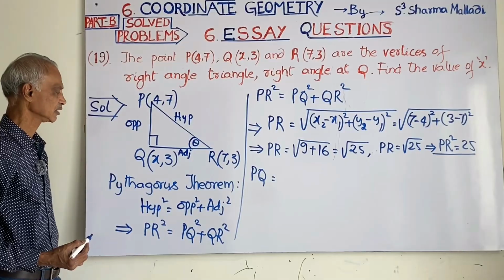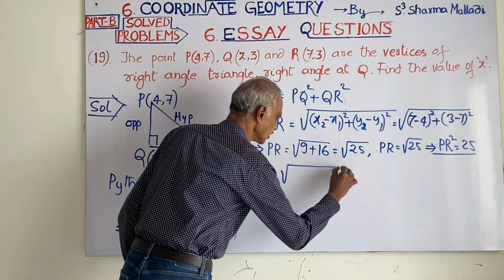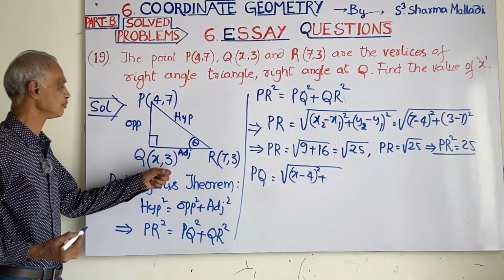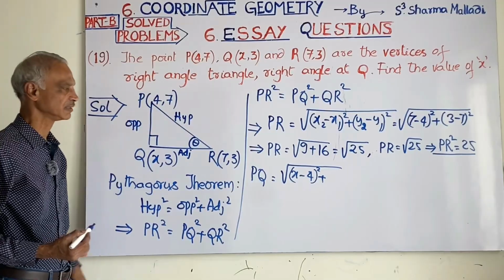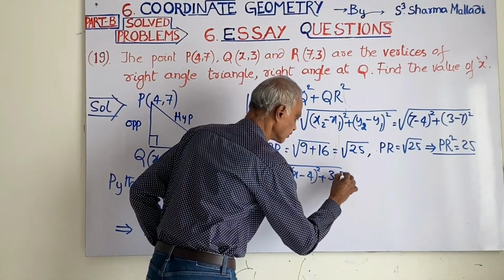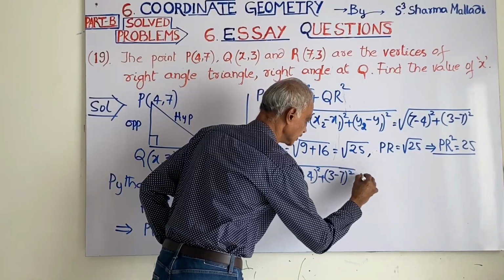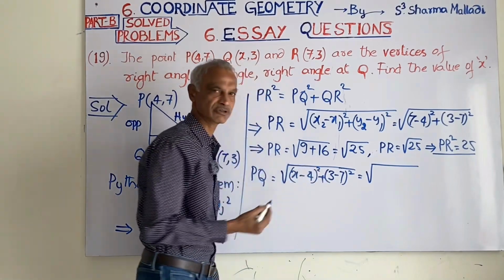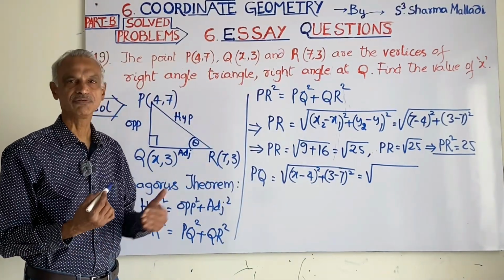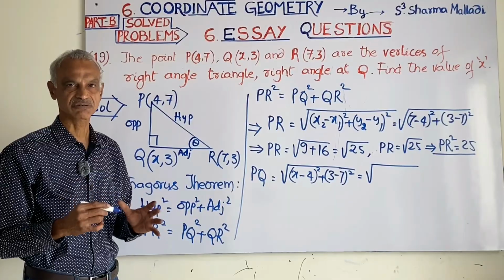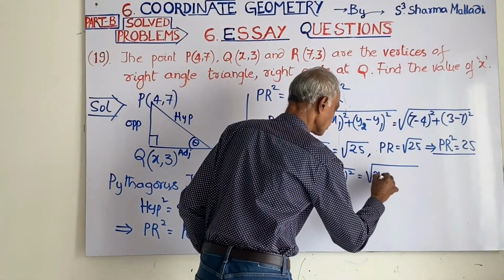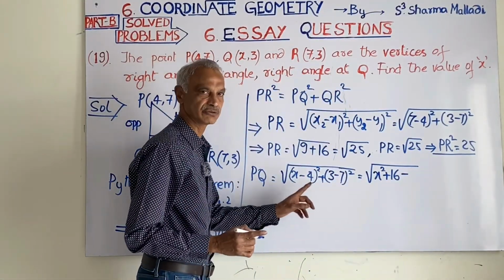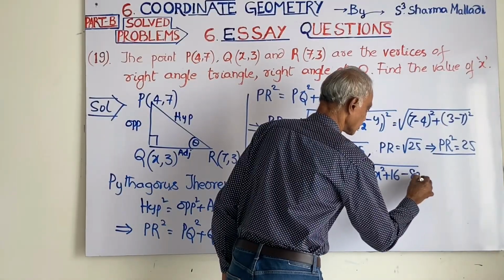x2 minus x1 whole square, that means x minus 4 whole square, plus y2 minus y1 whole square, 3 minus 7 whole square, is equal to the square root of. x minus 4 whole square, we have to write in the form of a minus b whole square: a square plus b square minus 2ab. x square plus 16 minus 2ab, 2 into x into 4, 4 2s are 8x.